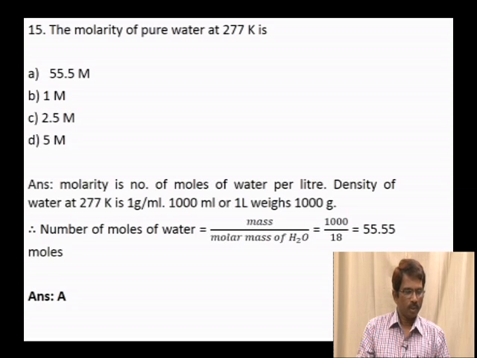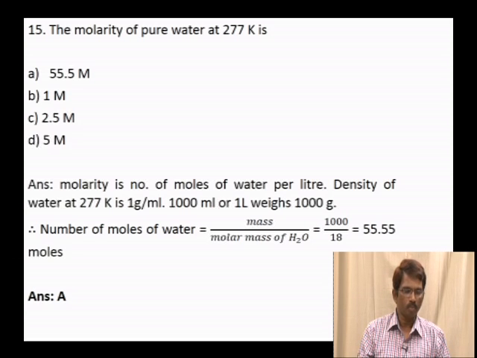So if you take water at 277 Kelvin, the density of water is 1 gram per ml. That means 1 ml of water would weigh 1 gram, and obviously 1000 ml or 1 liter of water would weigh 1000 grams. When you take 1 liter of pure water, the mass will become 1000 gram when it is maintained at 277 Kelvin.